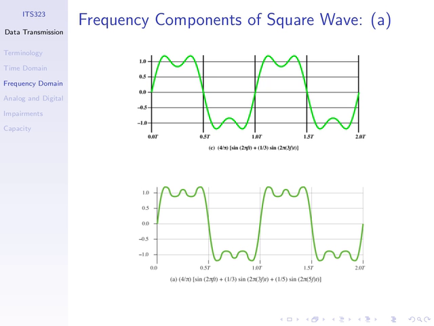The spectrum is simply 2 megahertz and 6 megahertz. More importantly, the absolute bandwidth is 4 megahertz, the difference between 6 and 2. The absolute bandwidth of this signal is 4 megahertz, 6 minus 2.